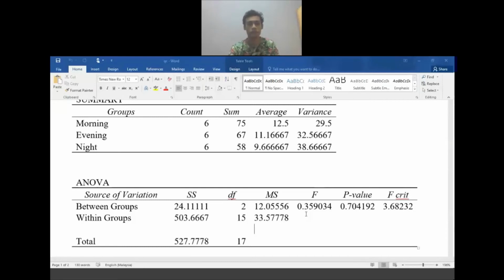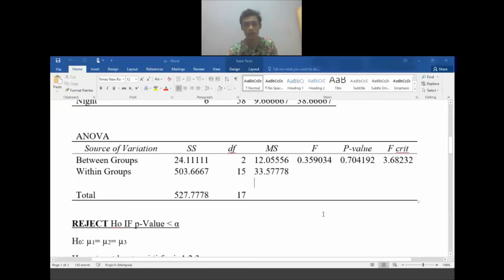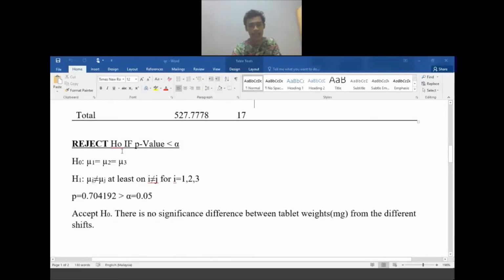But since we use Excel to make the data analysis, it produces the p-value and F critical for us. For the ANOVA in our syllabus, we will use the p-value. We need to know the principle for the ANOVA, which is reject H0 if the p-value is less than alpha.